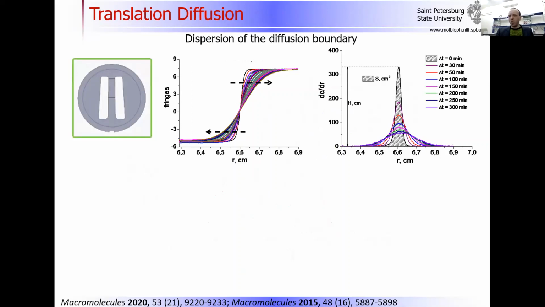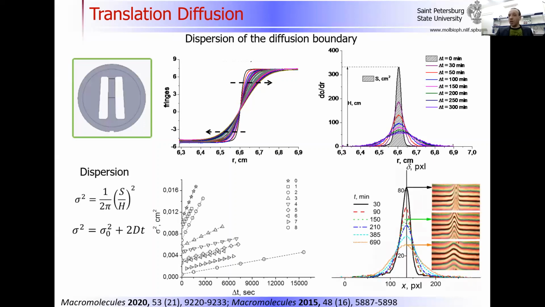Then, of course, we also studied diffusion properties. The translational diffusion, on the one side, we estimate using very classical isothermal diffusion measurements, which can be compared or confirmed in the AUC or stationary. In any case, you will end up with the so-called dispersion of the diffusion boundary.